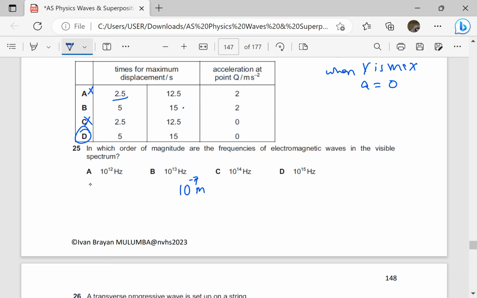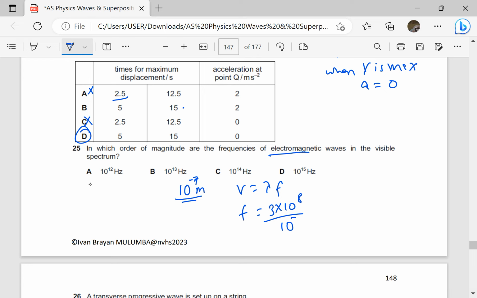So if we use this wavelength, which frequency shall we get? v is equal to lambda times f. f is going to be v, because it's electromagnetic, that is 3 times 10 power 8, divided by wavelength.